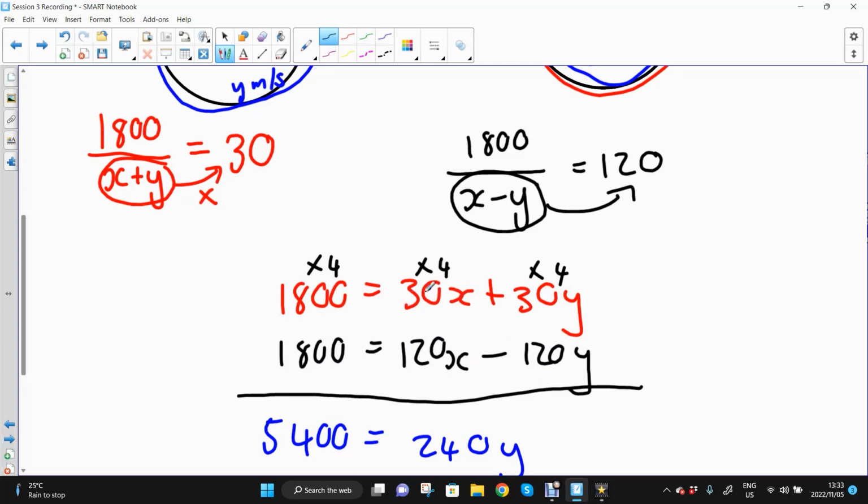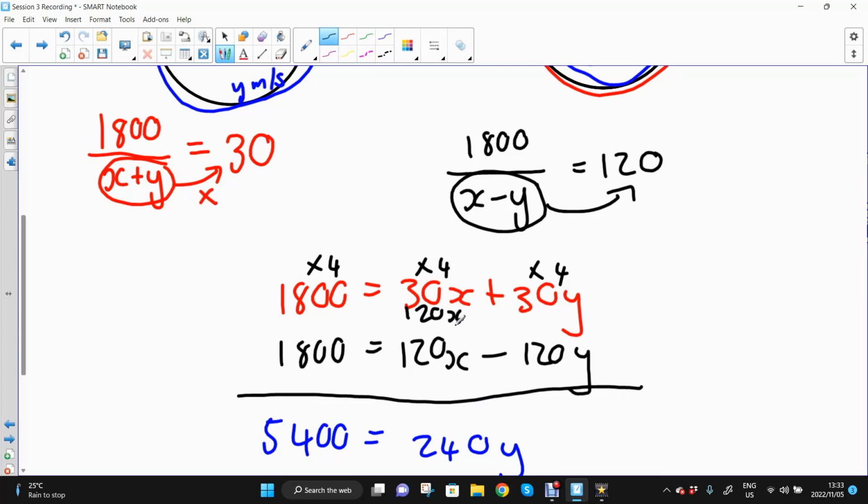So you can see here, 30x minus 120x is not going to cancel. But if I take 30x and I times it with 4, that is actually going to give me 120x. And then if I subtract these two, the x's are going to cancel. So that's exactly what I did.